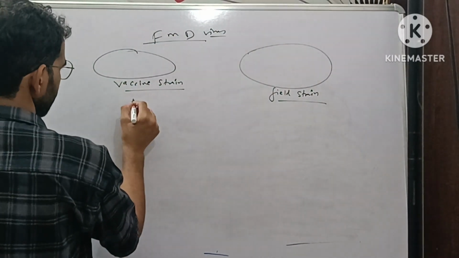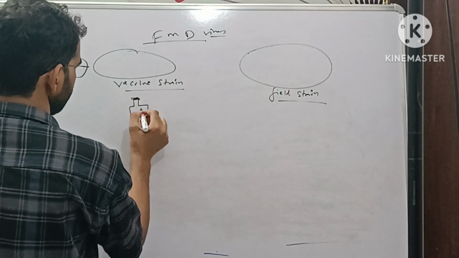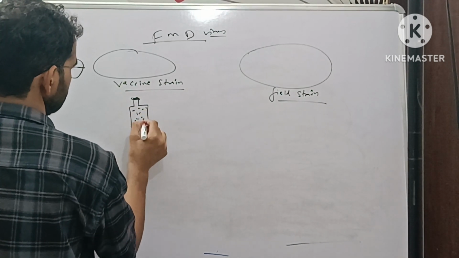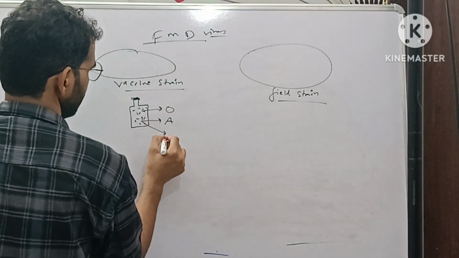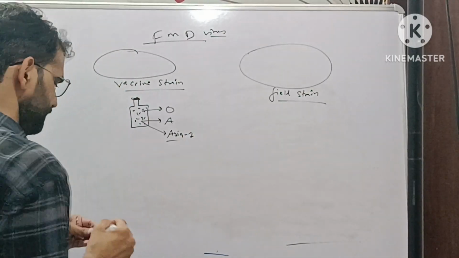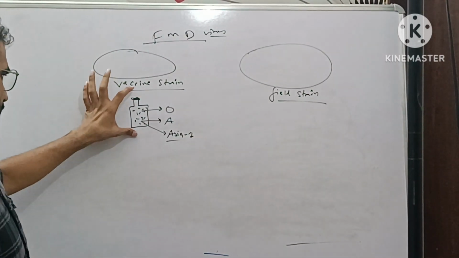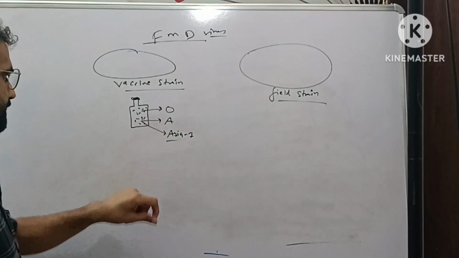At present, in the bottle of the vaccine, we are using O, A, and Asia 1. In our trivalent bottle, we are using 3 vaccine strains.